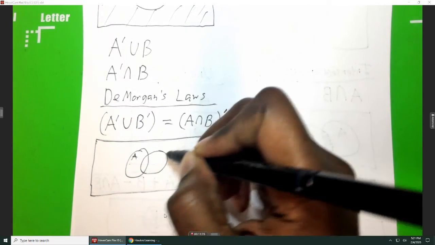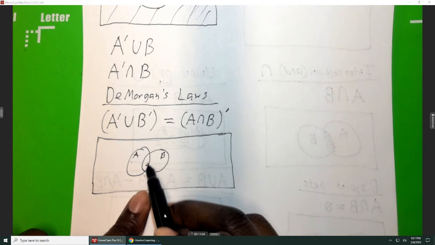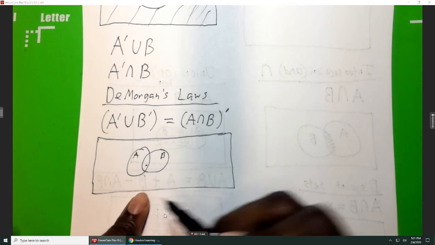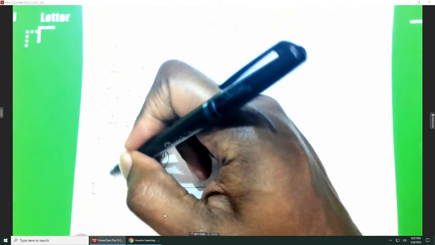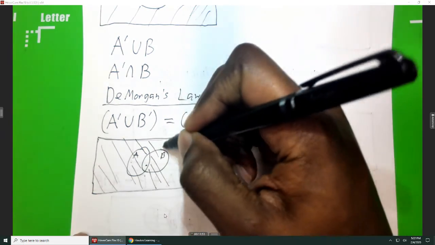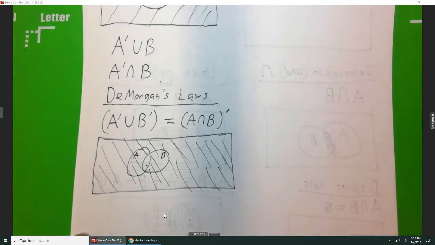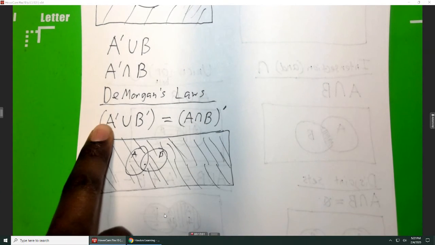This is A, this is B. A intersect B is right here in the middle. We talked about that. But we want the complement of A intersect B, so we want everything except for this part. That means we're going to be shading the whole box, everything except for this piece. Everything but the intersection. It's much easier to see by doing this versus doing this.